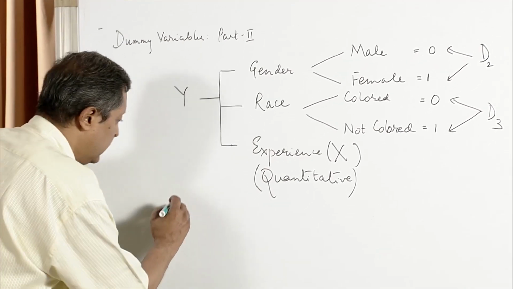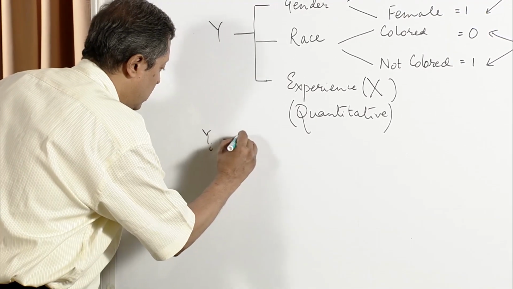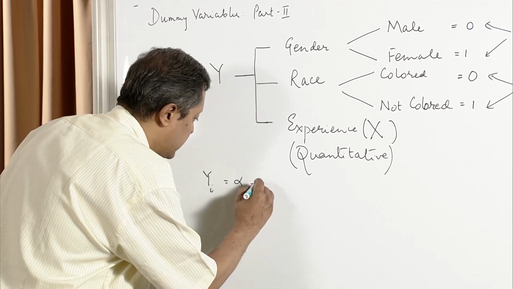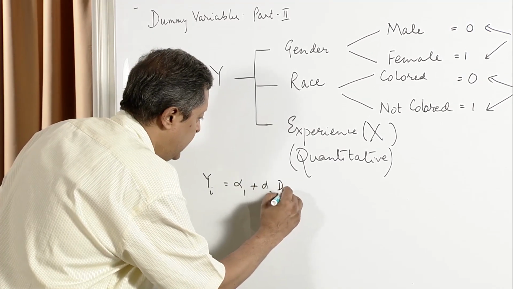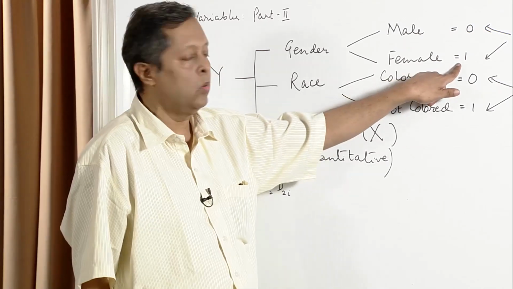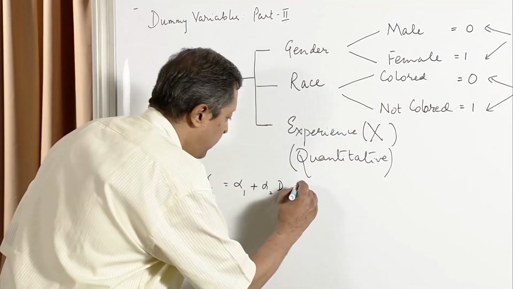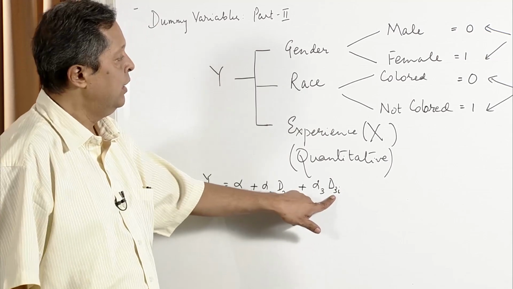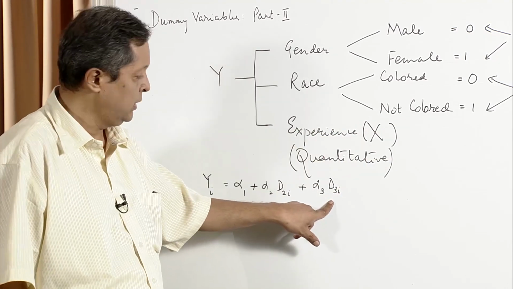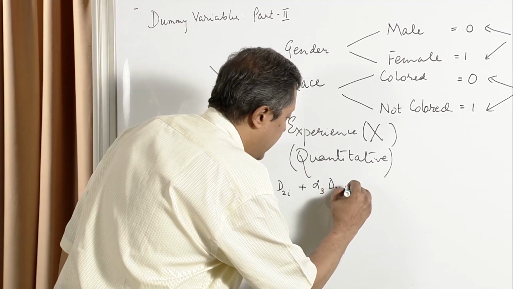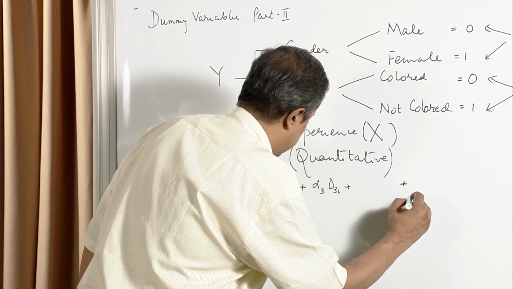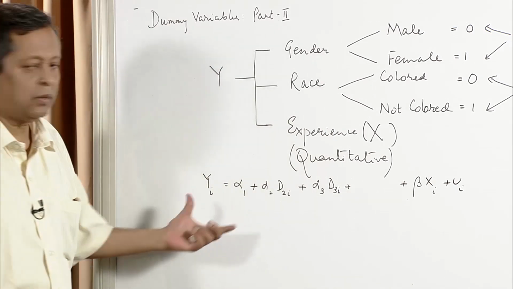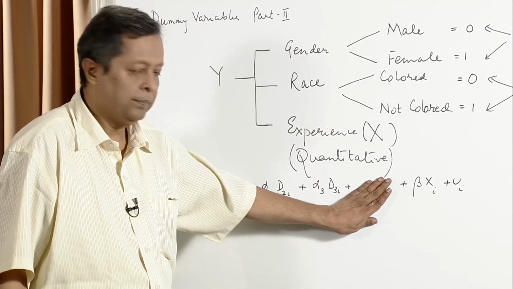So, let us write the equation: y_i is equal to alpha 1, we could have written beta 1, I am just writing alpha 1 to bring in some variety, plus alpha 2 D2i, where D2 will be 1 only if the person is a female, plus alpha 3 D3i, where D3 will be 1 only if the person is not colored, plus, I am keeping a gap here deliberately, plus beta times x_i plus u_i.